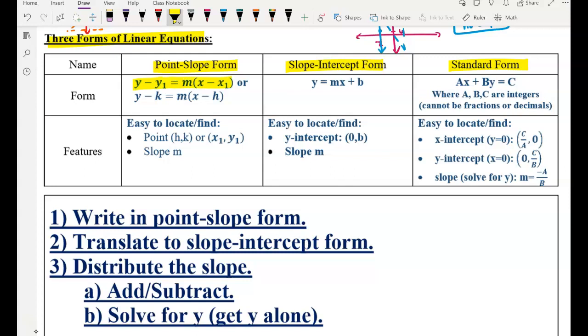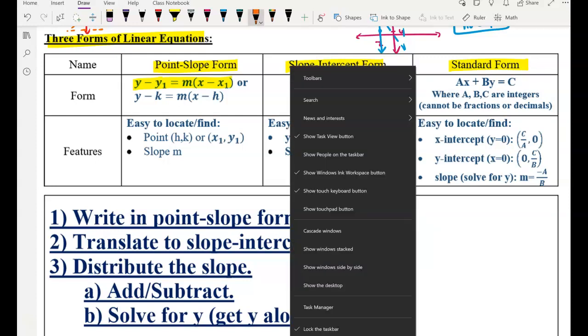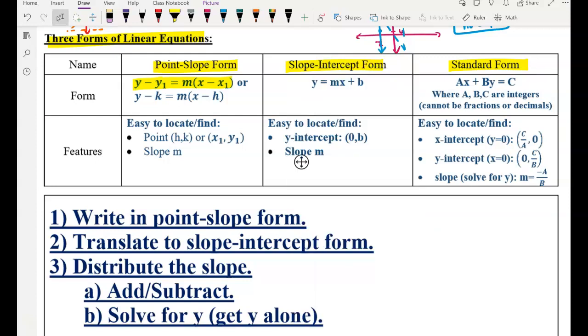Now, sometimes we use the h, k to denote the x1 and y1. So sometimes you're going to see that y1 is replaced with k, and then x1 is replaced with h, but they are exactly the same.